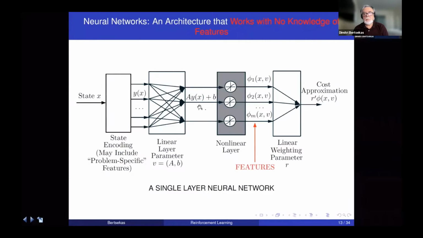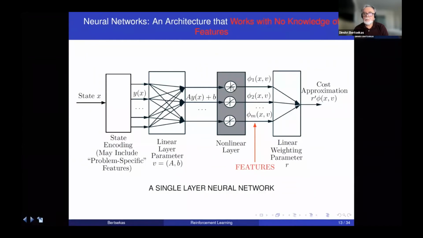Now, here there is a vector coming out, perhaps of different dimension than this one, but this vector goes through a layer of nonlinearities. Single input, single output, scalar input, scalar output from the nonlinearity. And the output of the nonlinearity, of course, depends on x, but also depends on A and B, right? So let's call V the combined vector of the matrix A and the vector B.